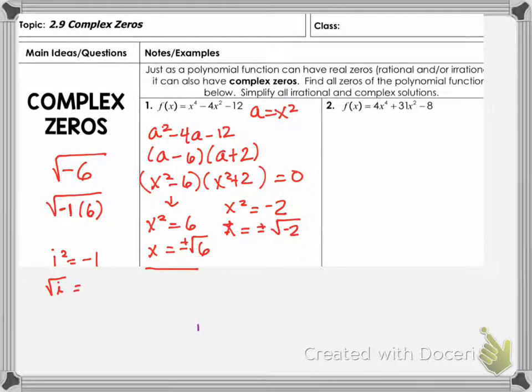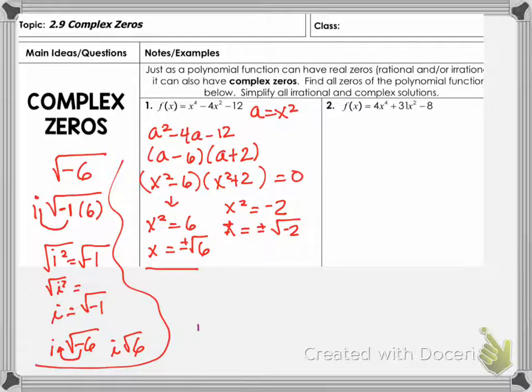Taking the square root of both sides, i equals the square root of negative 1. So when we have a number with a negative, you can take it out and put an i on the outside. The square root of negative 6, take that out and put an i, so you get i square root of 6. It's a long explanation, but you should remember this from Algebra 2.